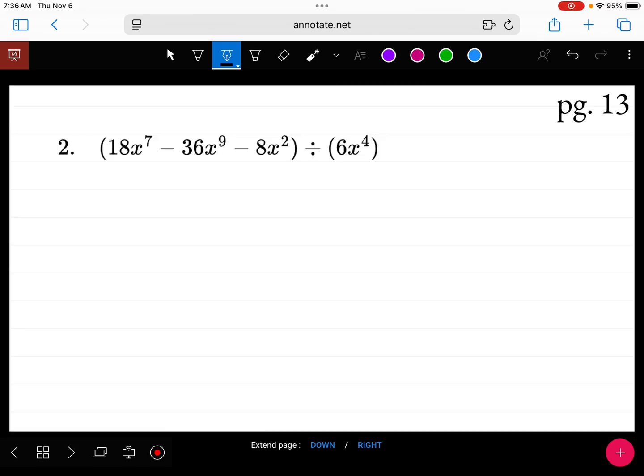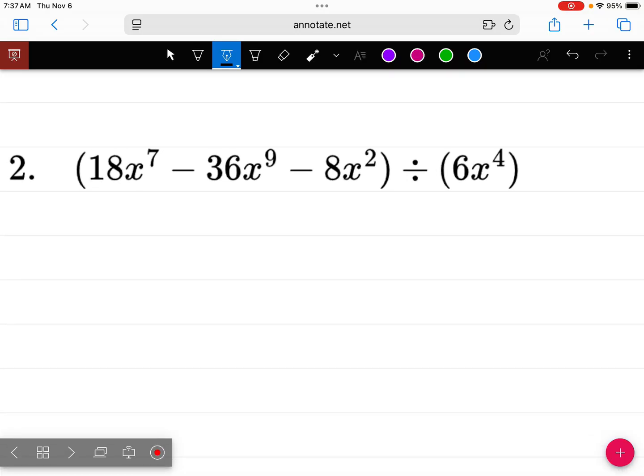Because the second one next to it is very much like it. We've got 18x to the 7th minus 36x to the 9th minus 8x squared, and we're going to divide that by 6x to the 4th. So our very first step is going to be to write this as a fraction.